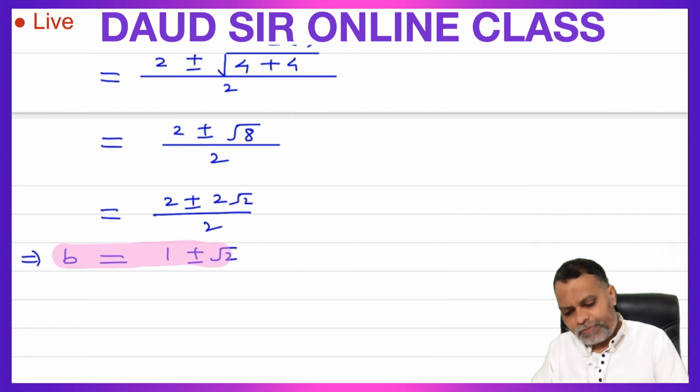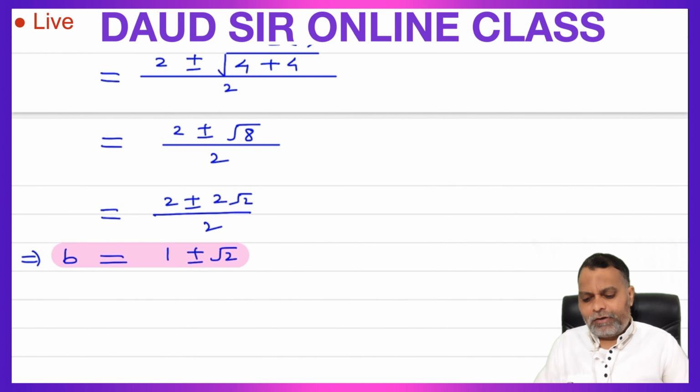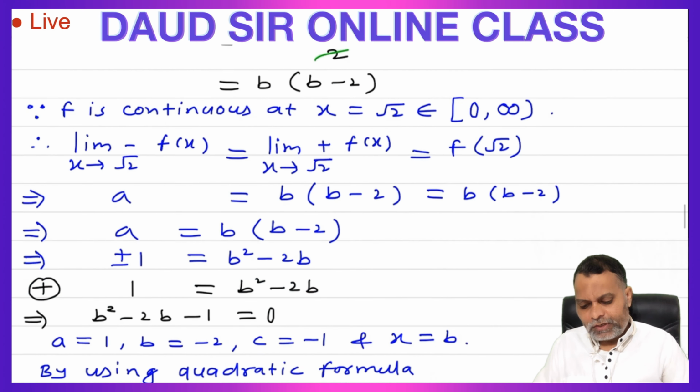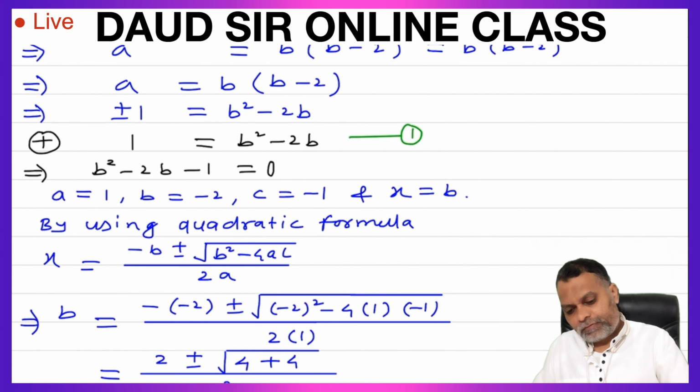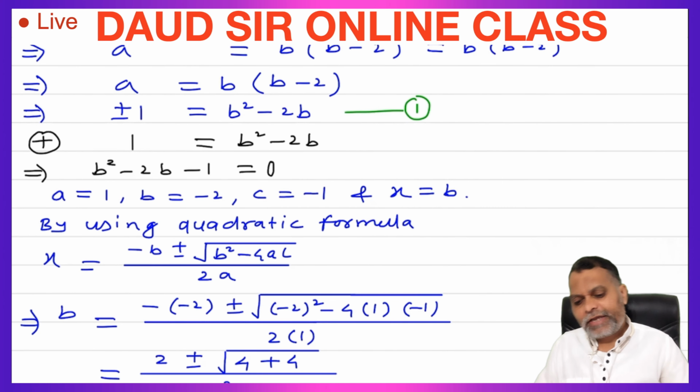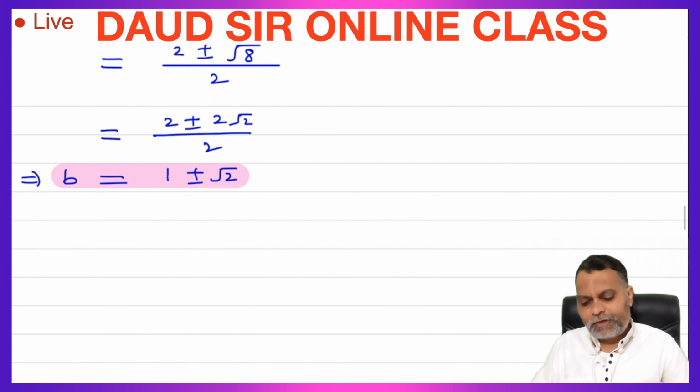This is the value of b. And one more sign is here by taking negative sign from equation 1.